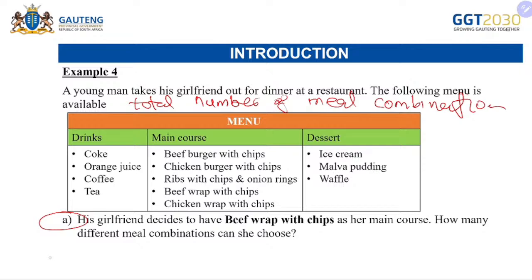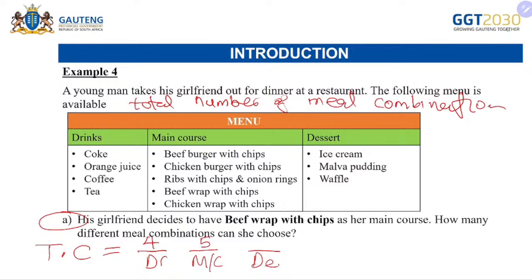Now, we are going to say total meal combinations. We have obviously drinks, we have the main course, and we have dessert. Now for drinks, we have 4 options. For the main course, we have 5 options.